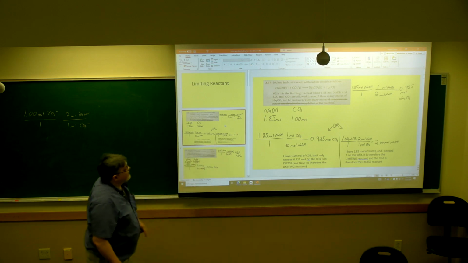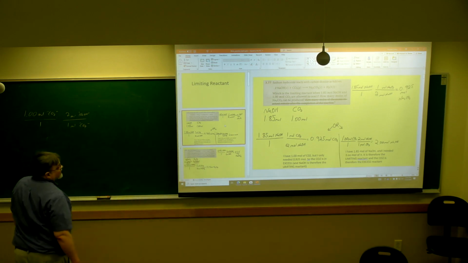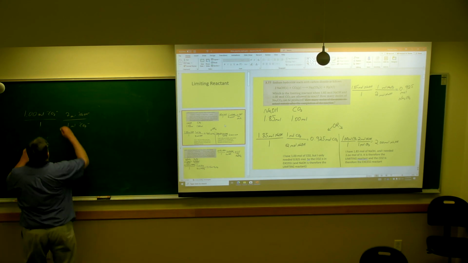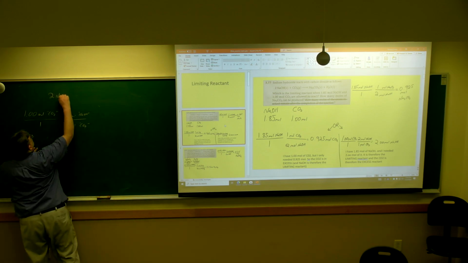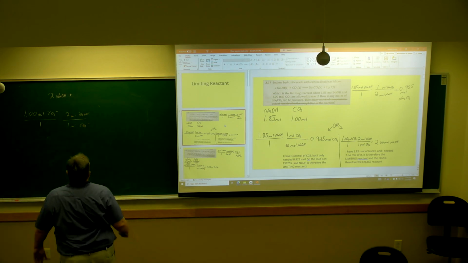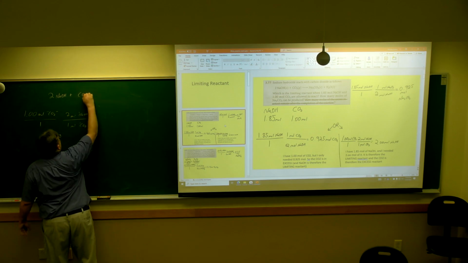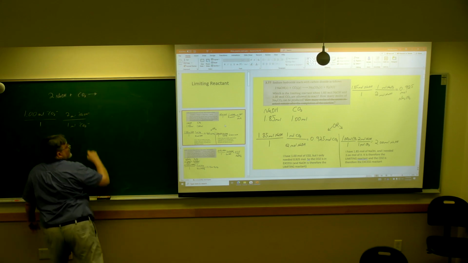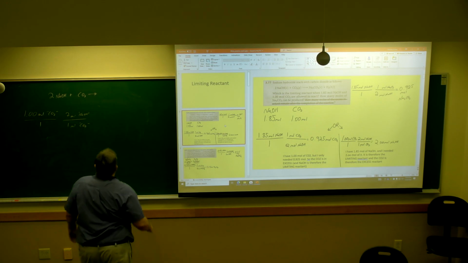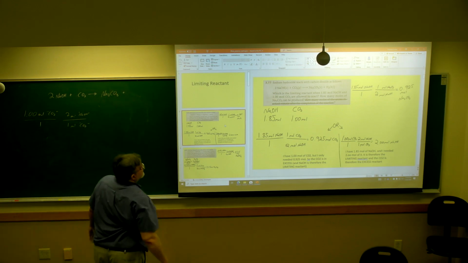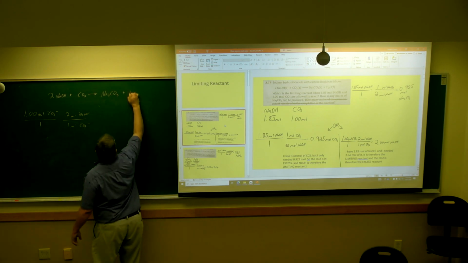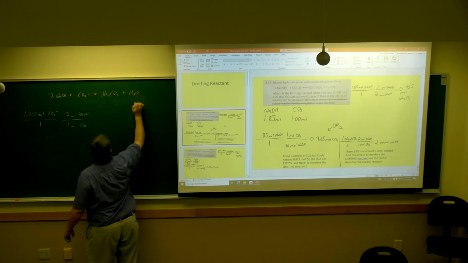Let me write down the other moles that we have. This is saying we have 1 mole of CO2, 2 NaOH, one CO2, Na2CO3, H2O.